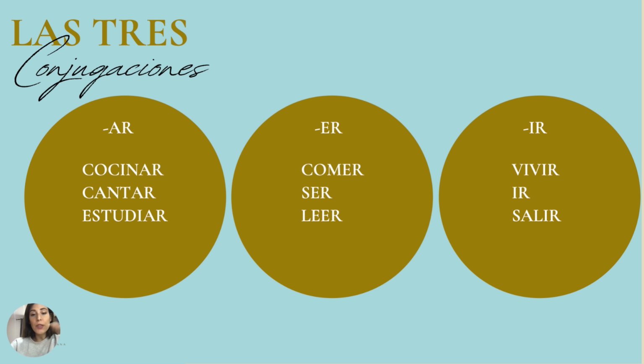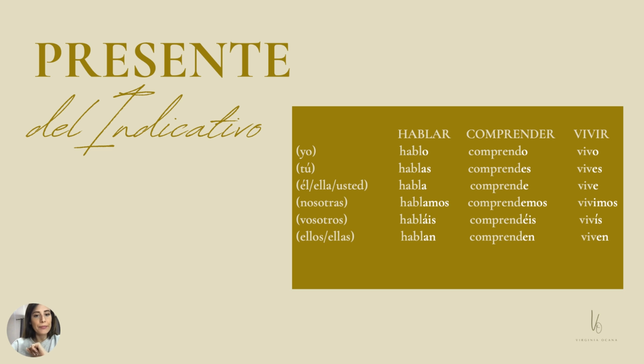So, the infinitives finish in ar, er, ir. ¿Ok? Vamos a ver. Ok. Presente del indicativo. Acá tenemos ar, er, ir y las conjugaciones. The endings for ar, er, ir, for the different types of verbs. Entonces, yo hablo con una O, with an O para yo, en el verbo ar, ¿sí?